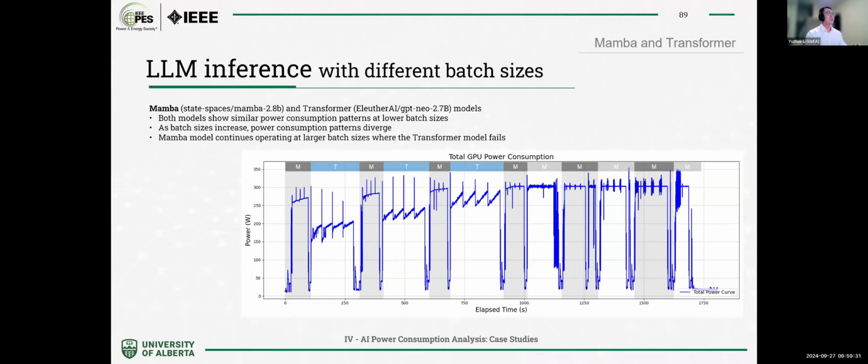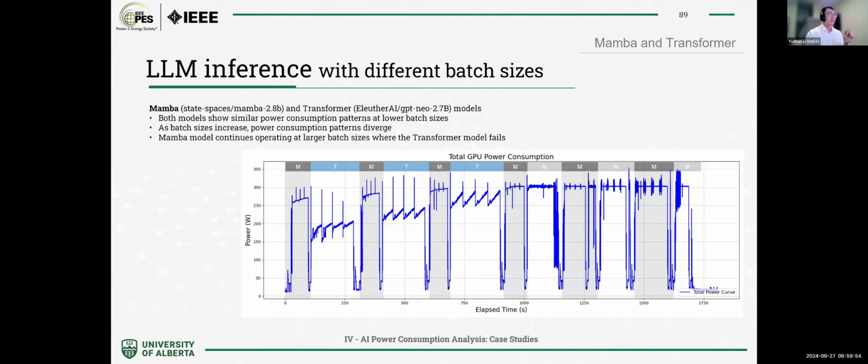But on the Transformer side, with a higher batch size, the power consumption gradually increases. And one particularly interesting thing is that with a higher batch size, the Transformer requires more memory, and our hardware reached the maximum available memory, so the model stopped working.